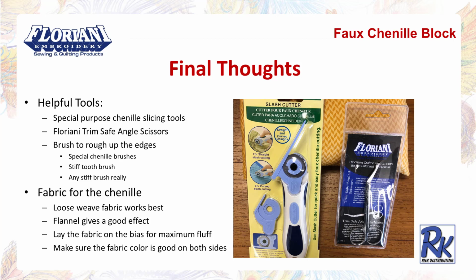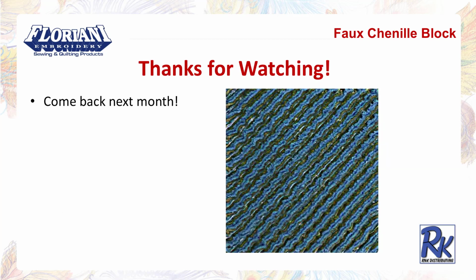And you'll want to lay the fabric, especially if it's a normal weave fabric, on the bias to get maximum fluff. And you also want to make sure that your fabric color is printed through on both sides, because you're actually going to see both sides of the fabric when you fluff it up. A lot of fabric these days is just printed on one side. You want to make sure that you don't get fabric like that for the chenille fabric.